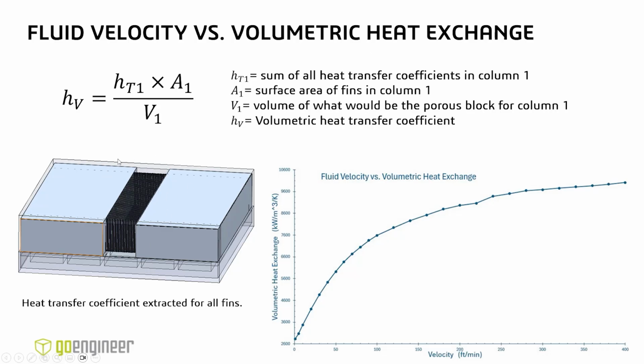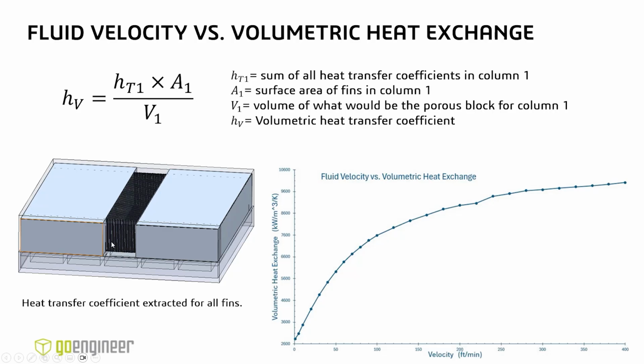over this volume. Let me talk through the equation I have here at the top of the slide. I would get a sum of all the heat transfer coefficients on every single fin. So I'm selecting every face of all the fins, and adding together the heat transfer coefficient. I do the same thing for the area. What's the total area of all of these fins? Multiply that together.